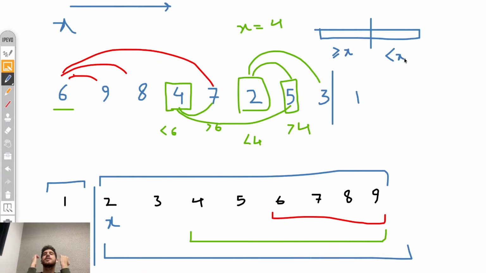So at the end, our graph is not connected if and only if this happens. There will be a prefix where everything is greater than or equal to x and a suffix that is less than x. So there should be a prefix and a suffix such that all the values in the prefix are greater than or equal to all the values in the suffix. At the end, we will reach here. So we should only check this.